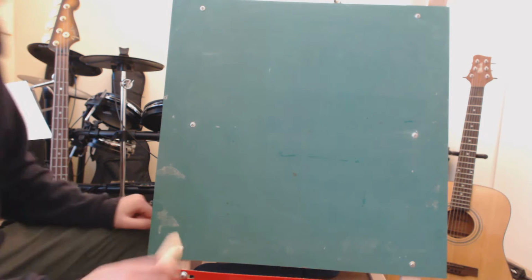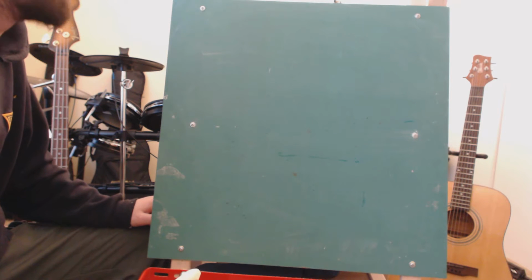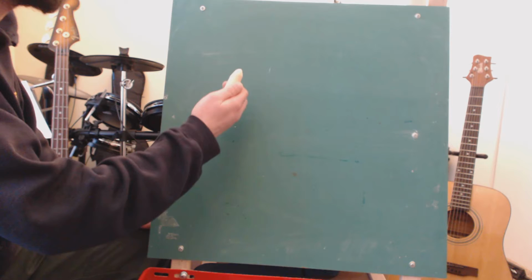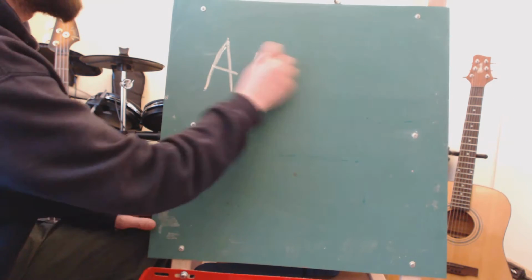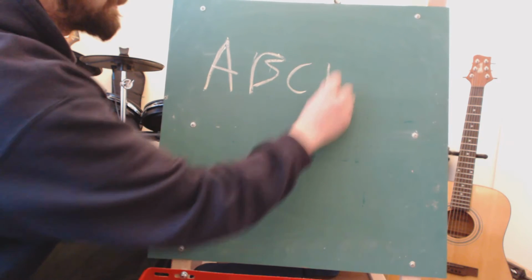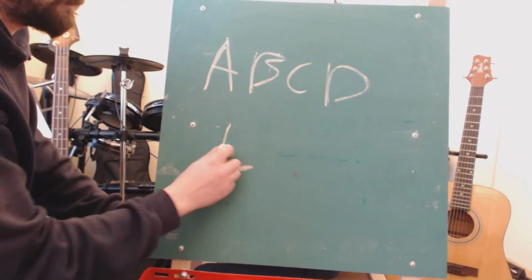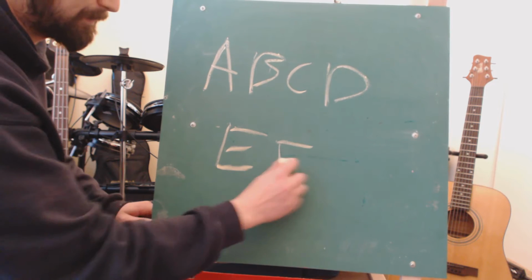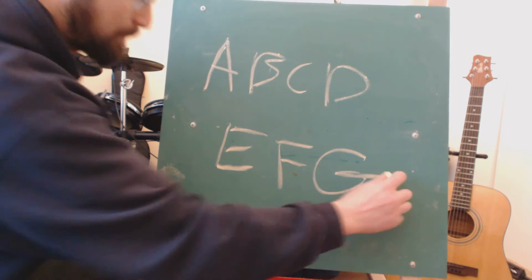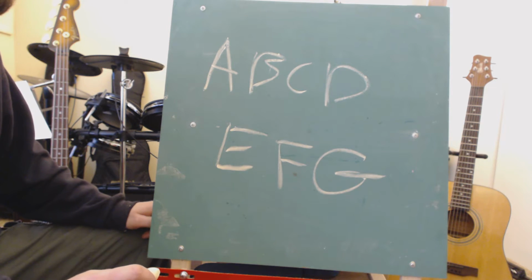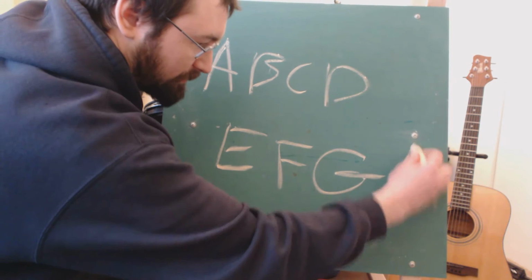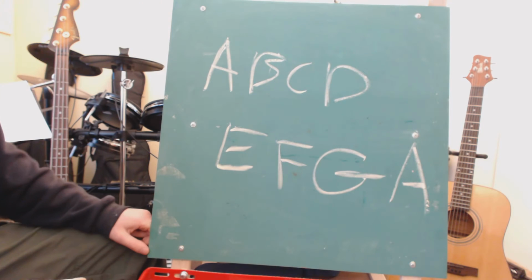In Western music, we have 7 letter names. The first 7 of the regular alphabet, and then it will repeat.